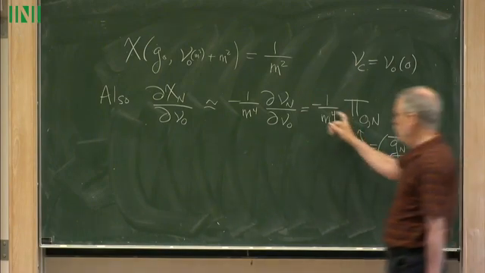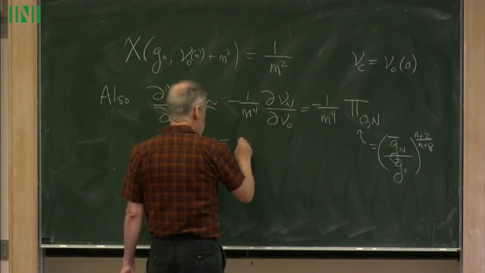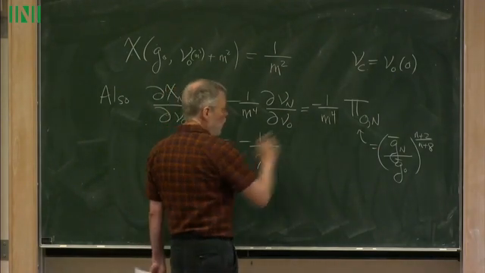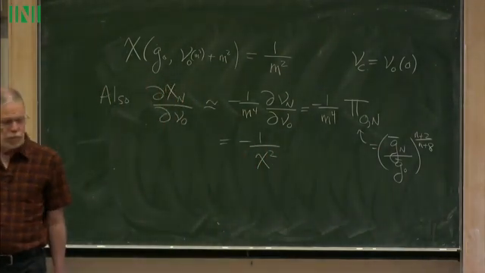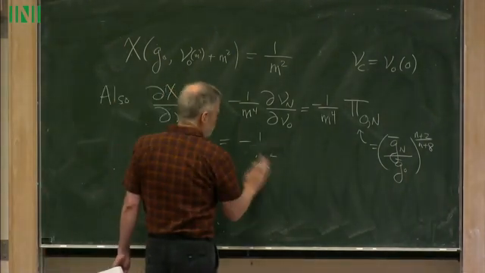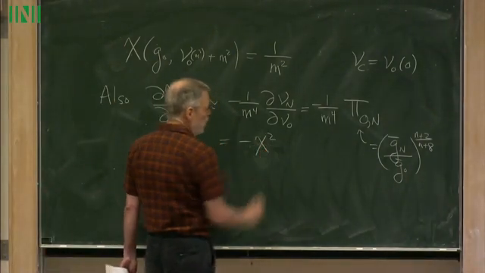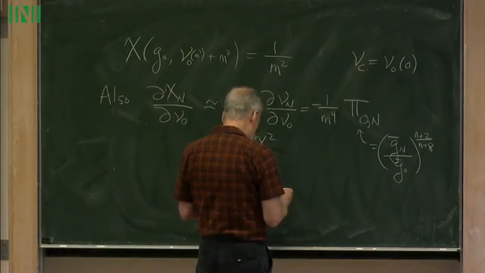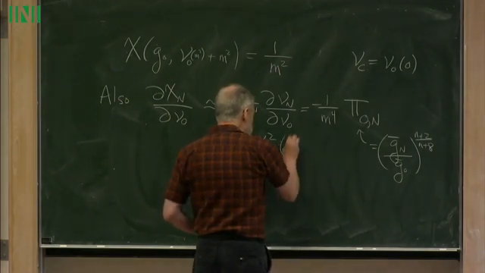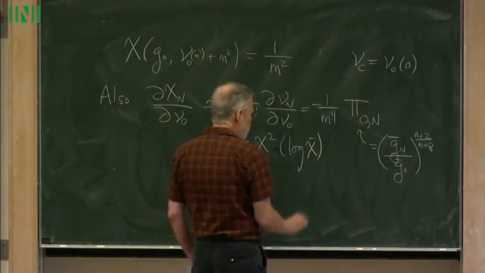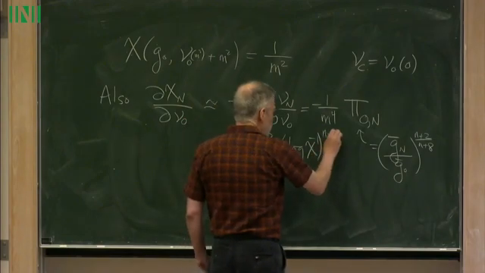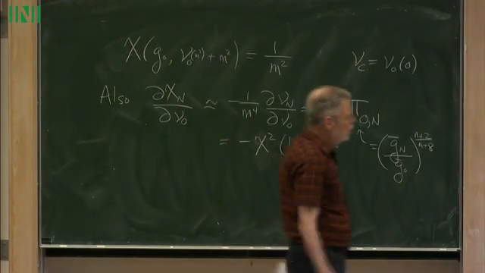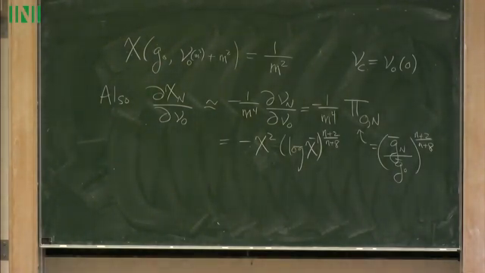So what this is equal to is chi squared. Chi is 1 over m squared. And there's a log now of chi. So if you pay attention, what you find is that it's the log of 1 over chi to the power (n plus 2) over (n plus 8). That (n plus 2) over (n plus 8) is the one which arose in the coefficient of the mu recursion up there.